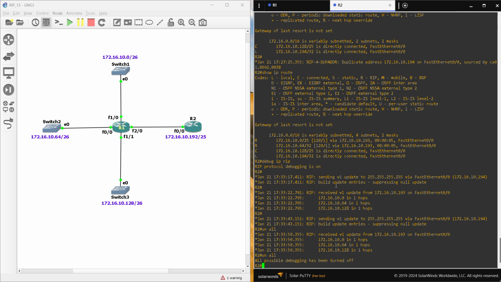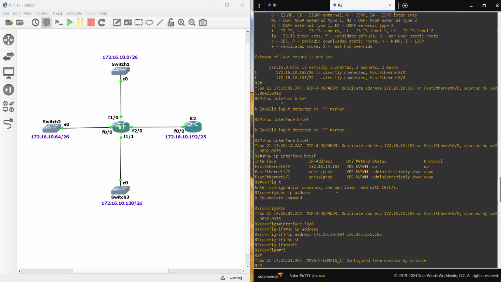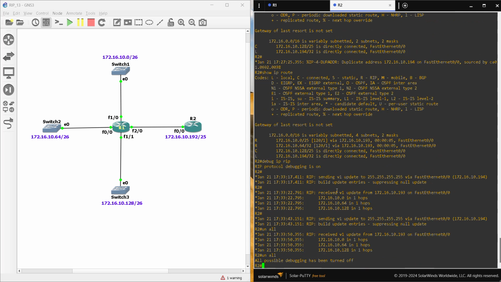But when it's about installing, it just installs those two only, as you can see here, 0 and 64, right? Now it was /25, right?